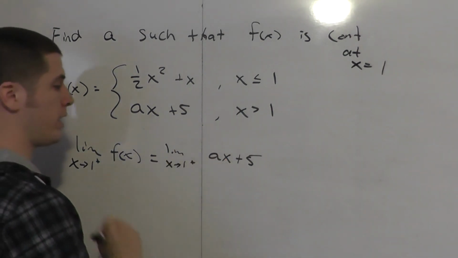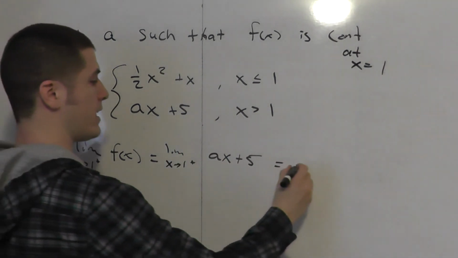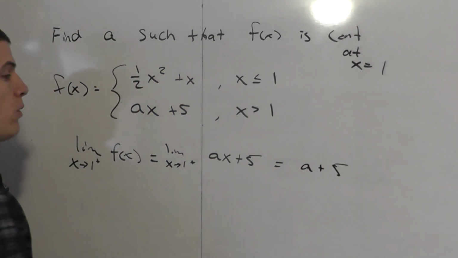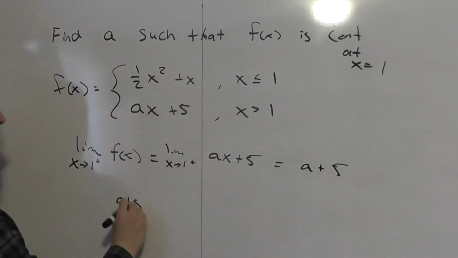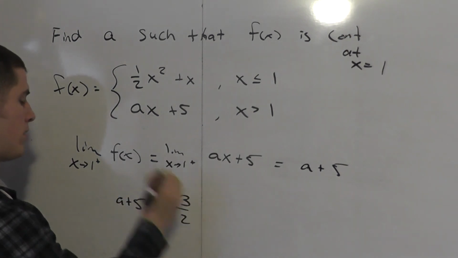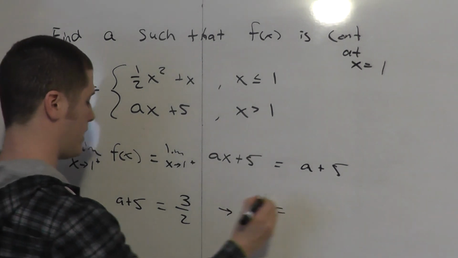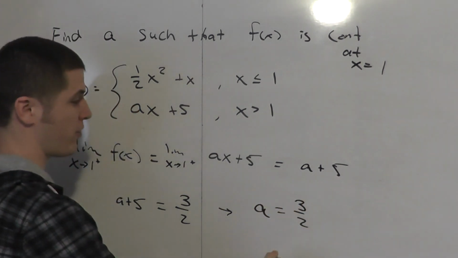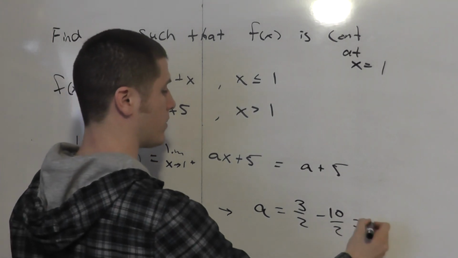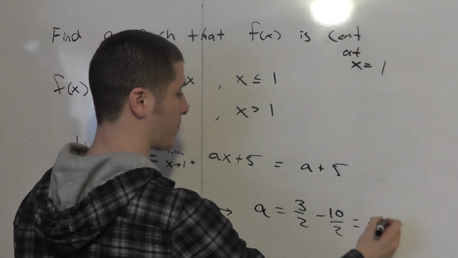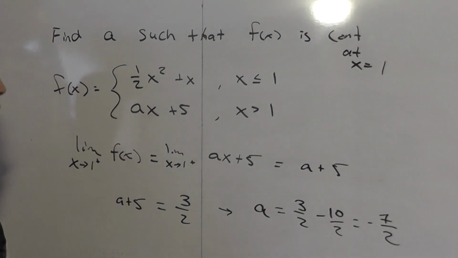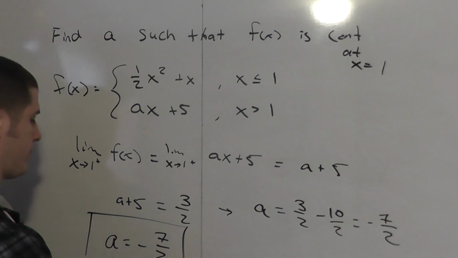We can substitute the 1 in for x, so this is a plus 5. Now, we want to set a plus 5 equal to 3/2. All we have to do is subtract 5 from both sides. So our a value is going to be 3/2 minus 5, or minus 10/2, which is minus 7/2. So for our function to be continuous, we let a be equal to minus 7/2. And that's it.